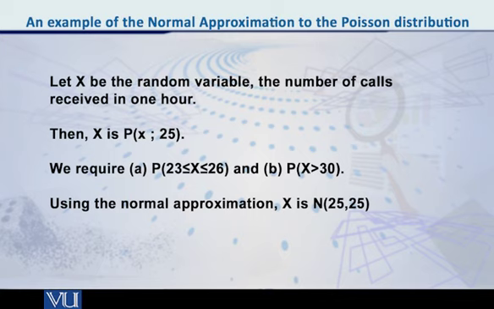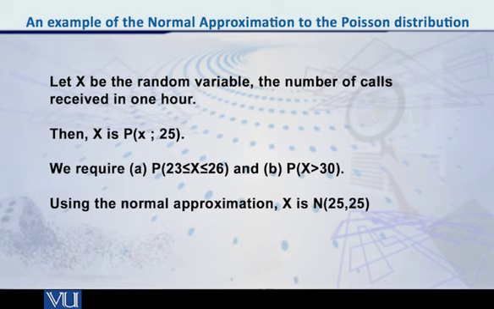अभी थोड़ी देर पहले मैंने आपसे कहा कि अगर लैम्डा 10 या 12 भी हो तो काफ़ी अच्छी अप्रॉक्सीमेशन मिलती है. तो यहाँ पे तो लैम्डा इज इक्वल टू 25, so let us try it. So now, if our random variable is being denoted by capital X, then we would like to find the probability of X lying between 23 and 26.